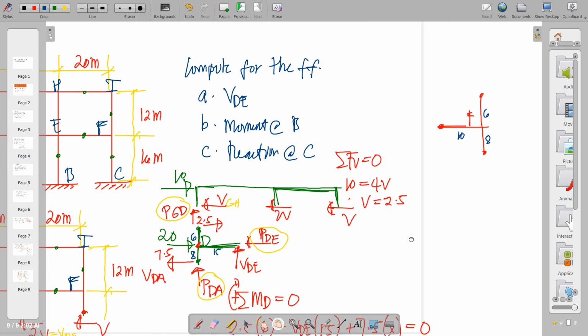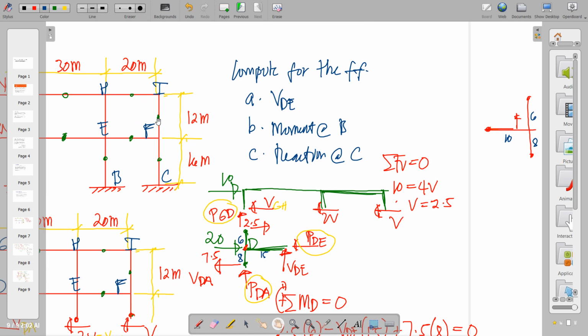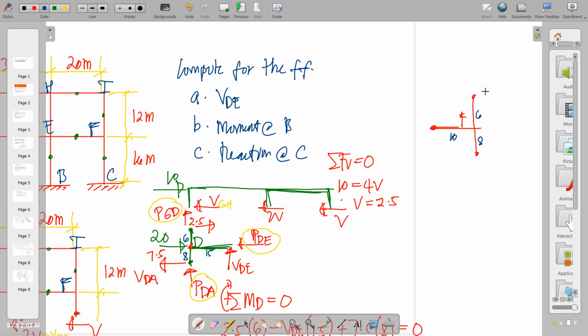So what do we know here? We know the shear at IF. The shear at IF is this one, and that was computed to be 2.5. So we'll just transfer it here. This is leftwards, and this should be rightwards. That is equal to 2.5. And of course, there will be a corresponding PIF here. What else?